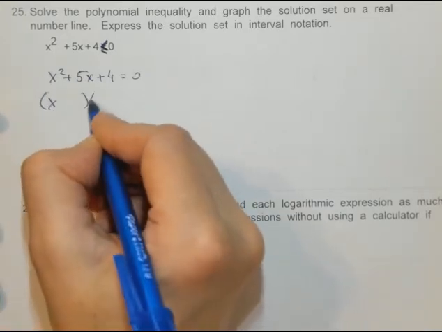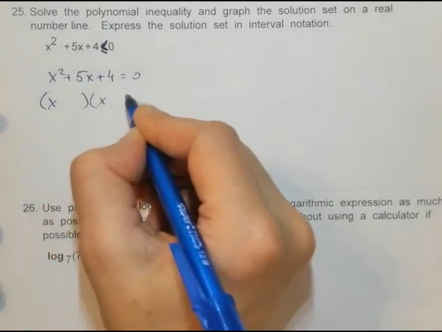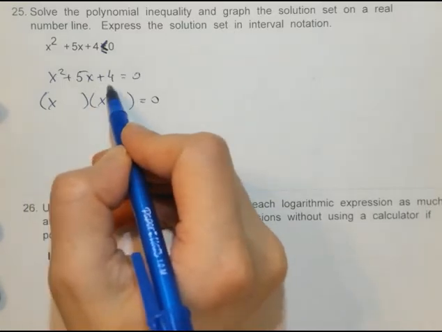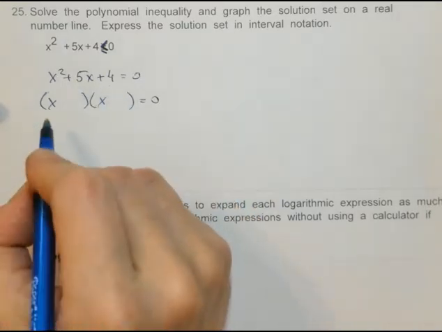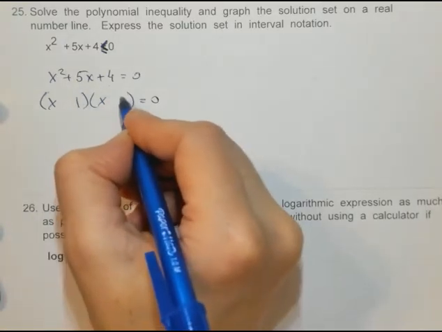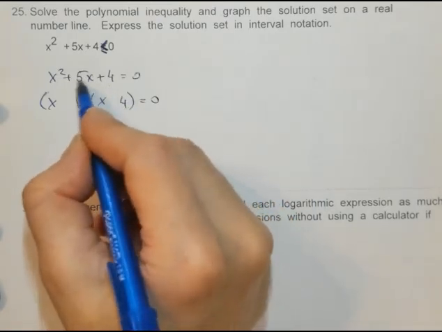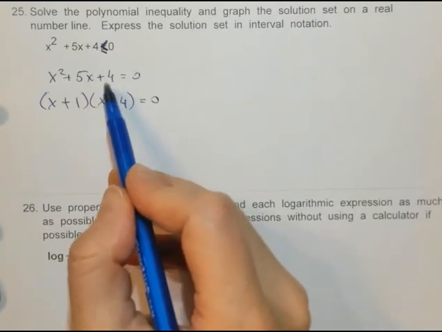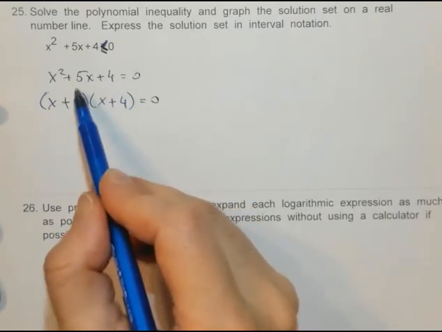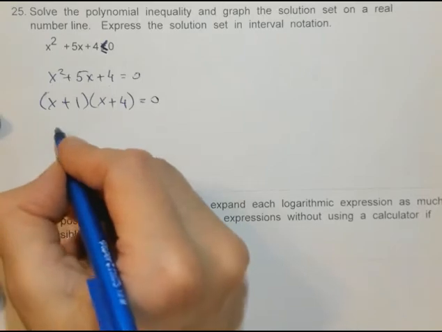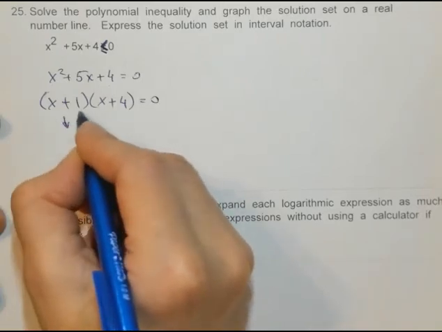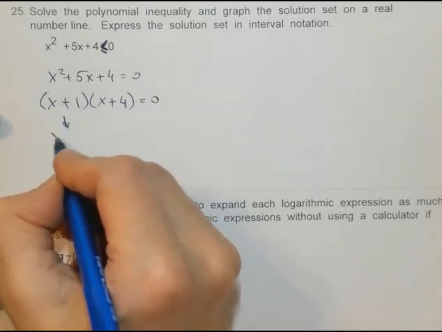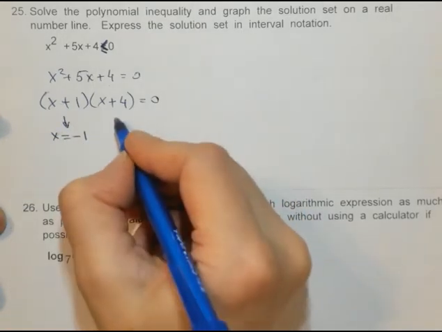We need to find two numbers such that the product is 4 and the sum is 5. Possibly it will be 1 and 4, both with plus. 1 times 4 is 4, 1 plus 4 is 5. So the solution of x plus 1 equals 0 is x equals -1.